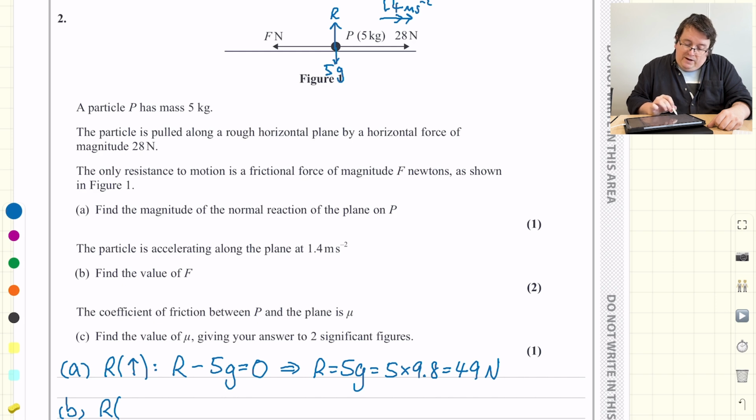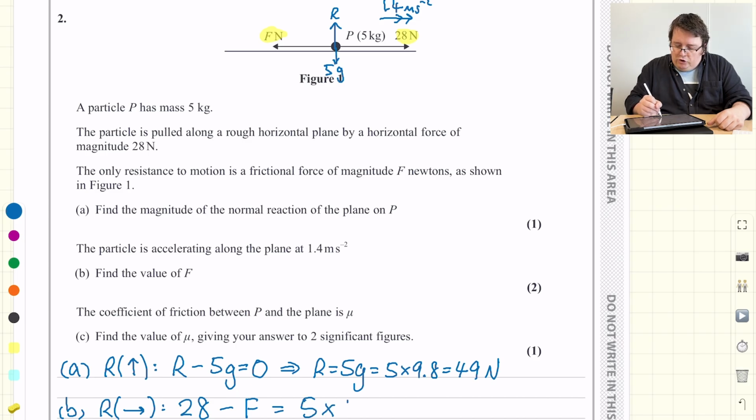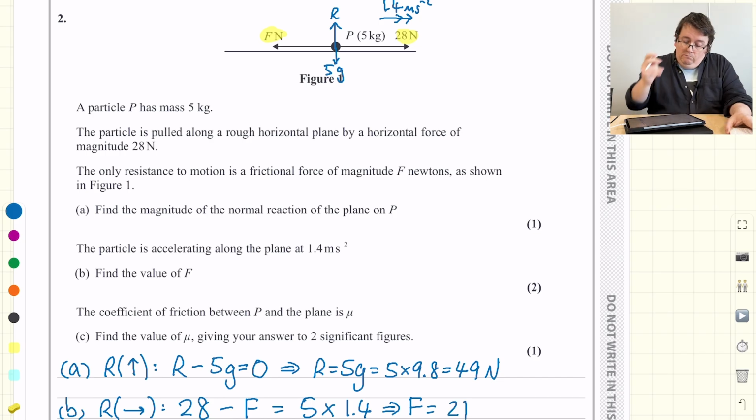Find the value of F. So if we resolve in the direction of motion, then we've got 28 working towards the right, and then we're going to take away the frictional force, and that's going to be equal to the mass times the acceleration. So we'll have 28 take away 5 lots of 1.4, which is 21. So F is 21.